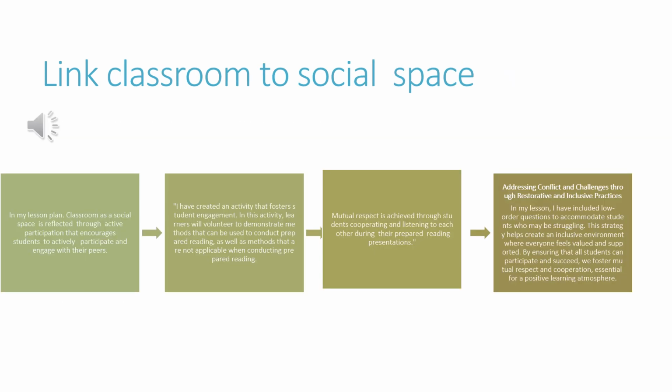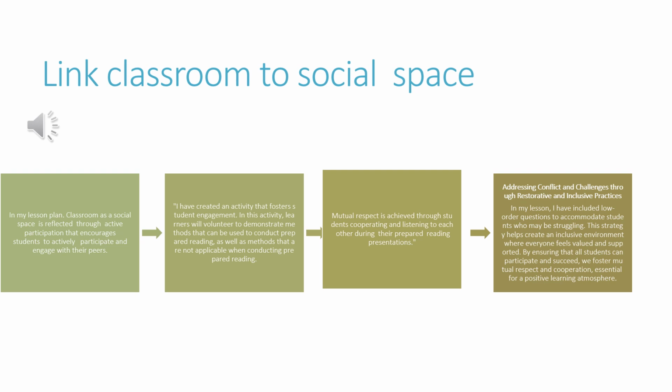Classroom as a social space. In my lesson plan, classroom as a social space is reflected through active participation that encourages students to actively participate and engage with their peers. I have created an activity that fosters student engagement.